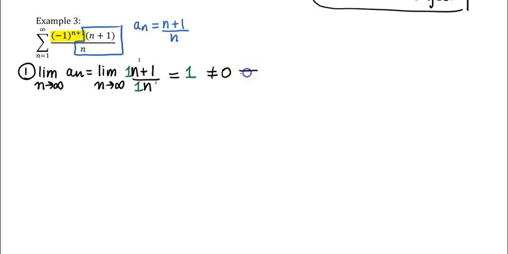So what that means is that the alternating series test is not applicable. I cannot use it. I can't say that the series converges and I can't say that the series diverges. I'm going to try a new test.